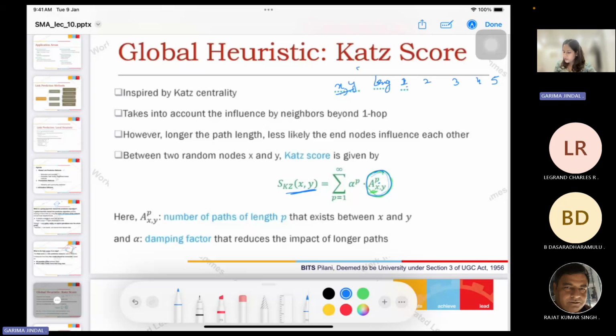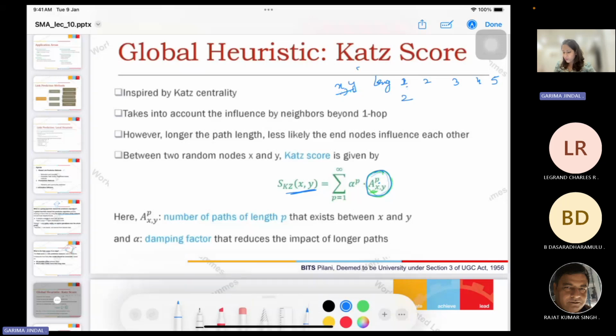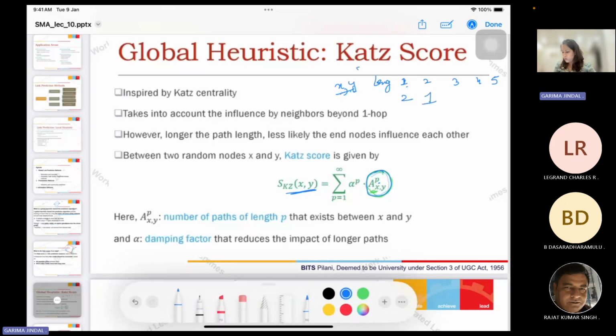Now let us suppose that there are two paths of length 1, one path of length 2, maybe two paths of length 3, three paths of length 4, and one path of length 5. Once we have this, as I explained in the last slide, we are going to give more weight, more priority, to the shorter paths.